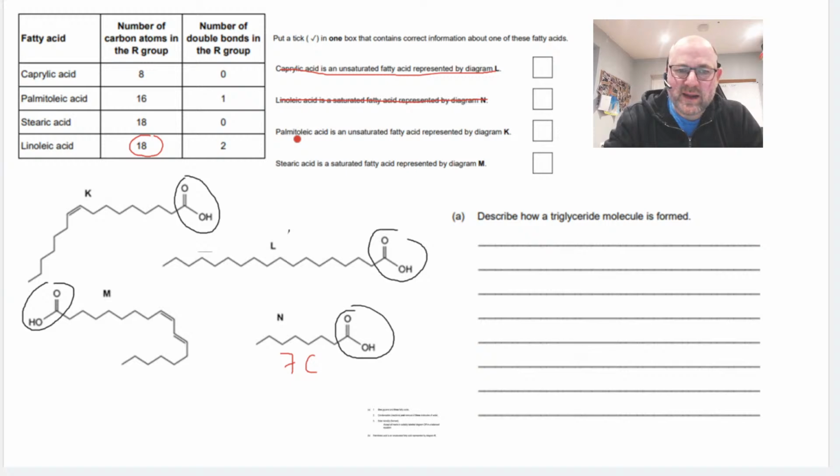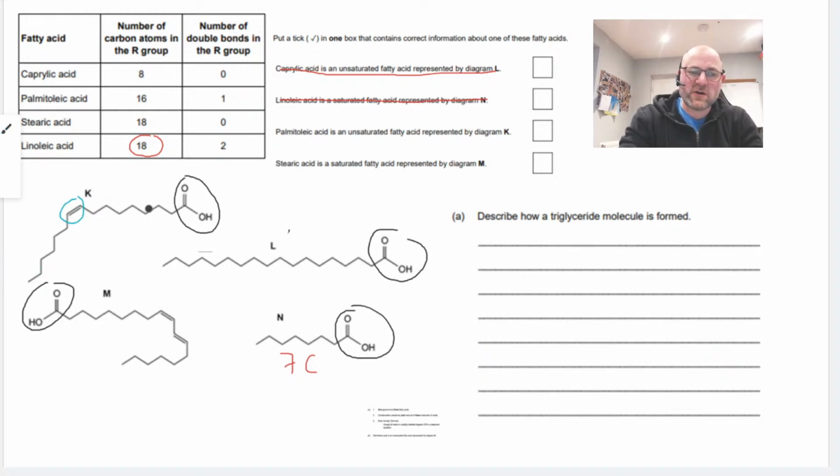I can't even say that. That's just so disgusting. Palmitoleic acid, finally got it, is an unsaturated fatty acid represented by K. If we check that one, it should have 16 carbons and 1 double bond. I think this one's going to be right. Look, there's the double bond. So that bit is definitely right. Then we just need to add up the carbons.